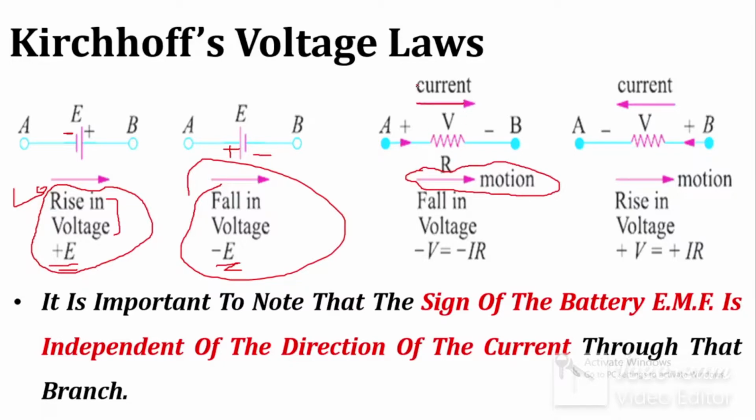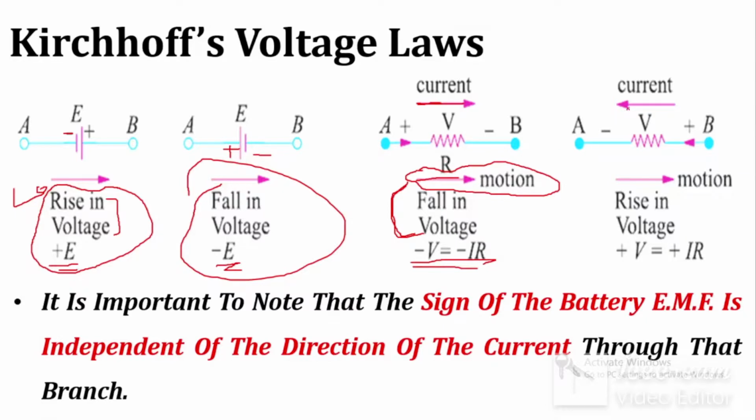If the actual direction of current and the reference direction match, and it is from plus to minus, then this plus to minus is known as a fall in voltage. This fall in voltage is taken as negative, that is minus V, and the drop is given by current multiplied by resistance.